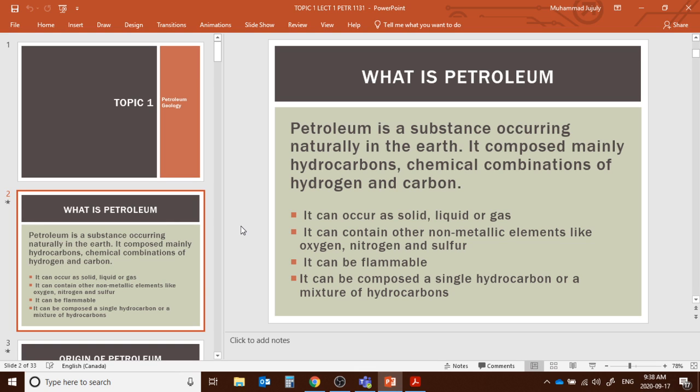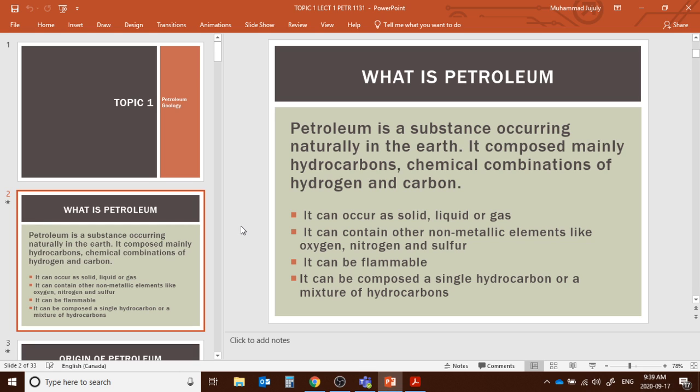So how can we determine how petroleum forms, or what the composition of petroleum is? Petroleum is composed mainly of hydrocarbons, chemicals like hydrogen and carbon. That's the major component, but we can have some other elements, like impurities, for instance sulfur or anything. We'll come to that later.